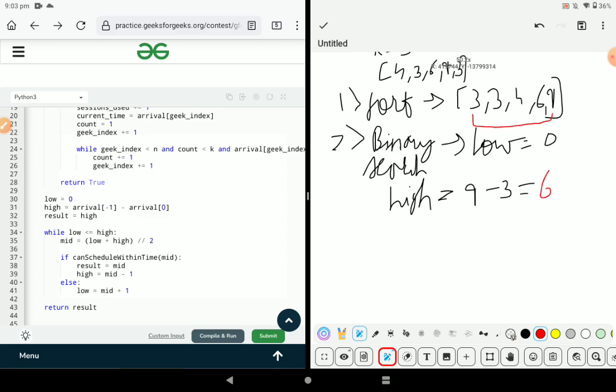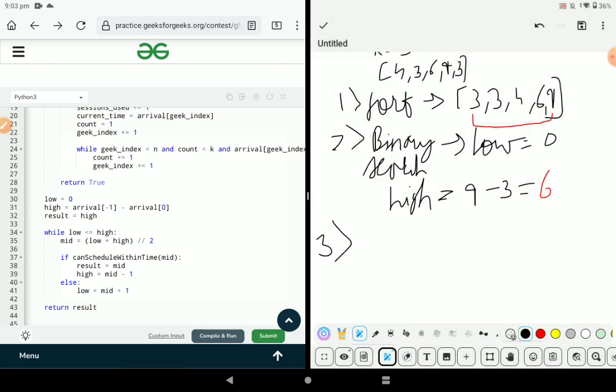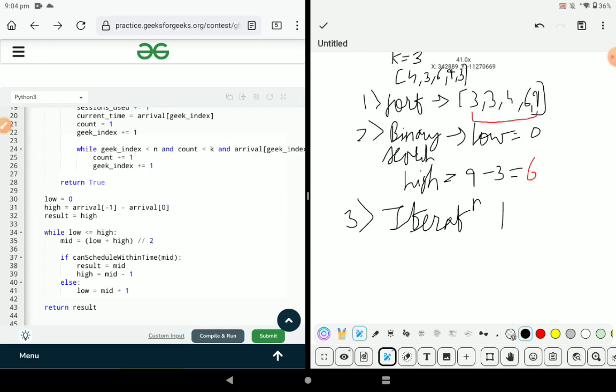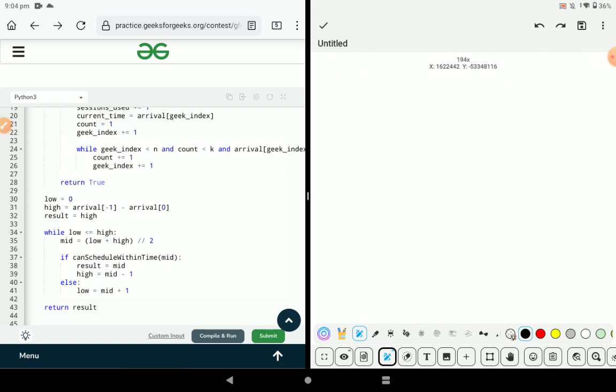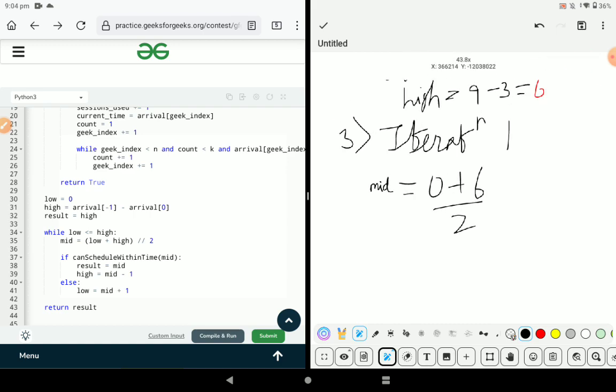So basically at iteration 1, mid is 0 plus 6 by 2, which equals 3.